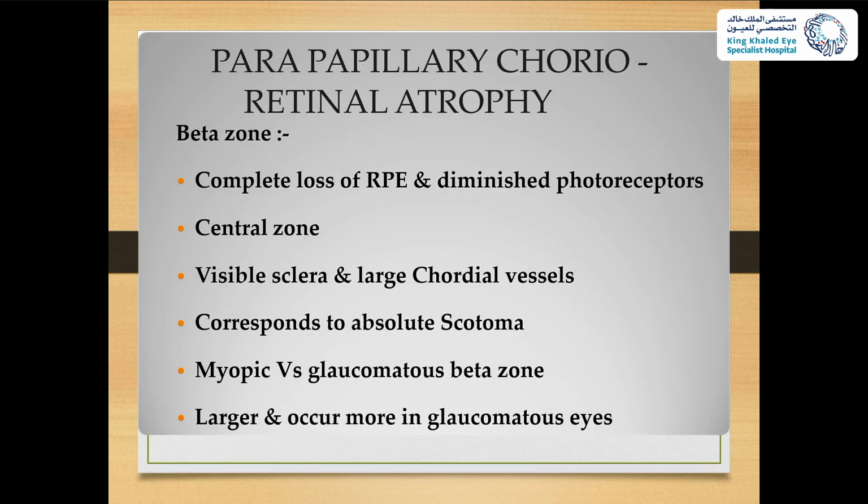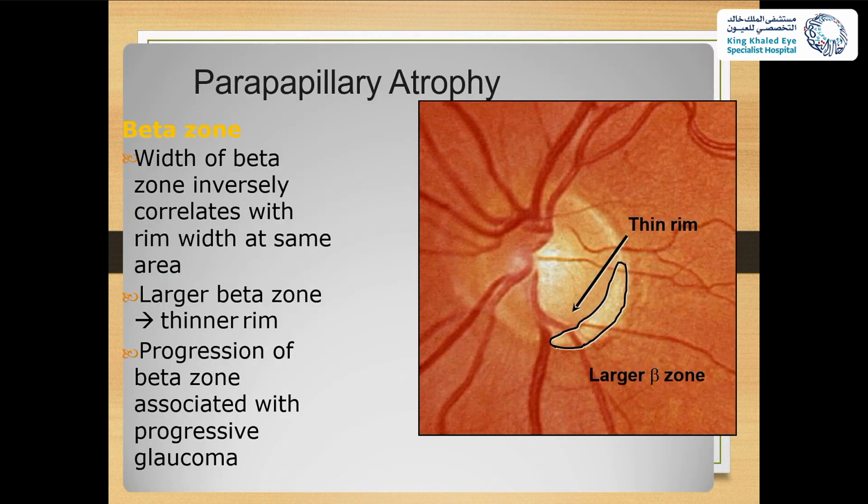The increase in size of the beta zone, as we said, is one of the signs of glaucoma. The width of the beta zone inversely correlates with the rim width in the same area. A larger beta zone gives a thinner rim. So progression of the beta zone is associated with progression of the glaucoma.